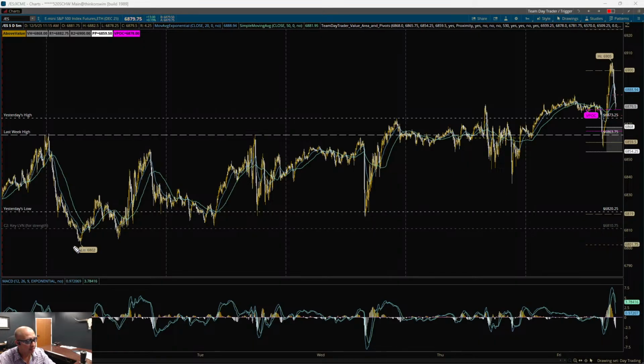When I look at this, we're marching to higher highs and higher lows. So in the trend count, I am looking at these still confirming. That's how I'm looking at it.